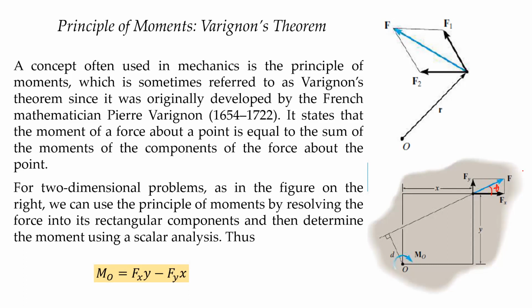So that is F sub x and F sub y. Of course, if our theta is measured from the horizontal axis, meaning the x-axis, then F sub x would be F cosine theta, and F sub y would be F sine theta.